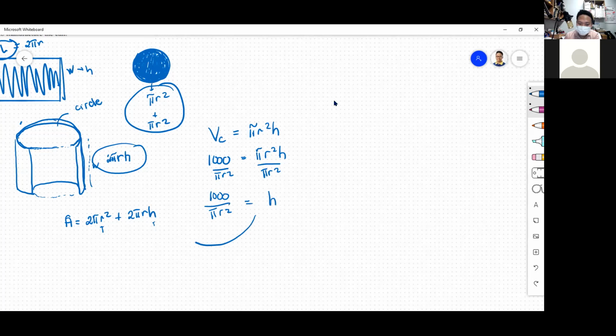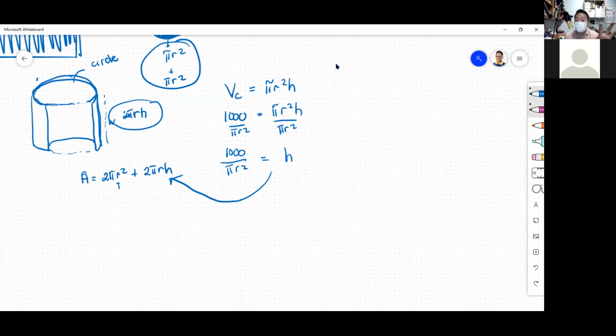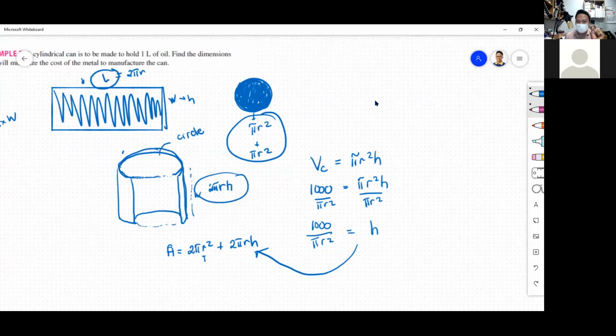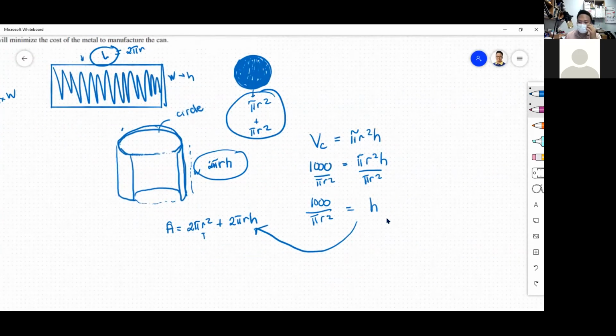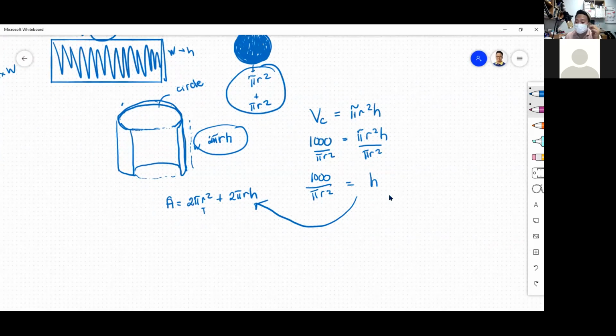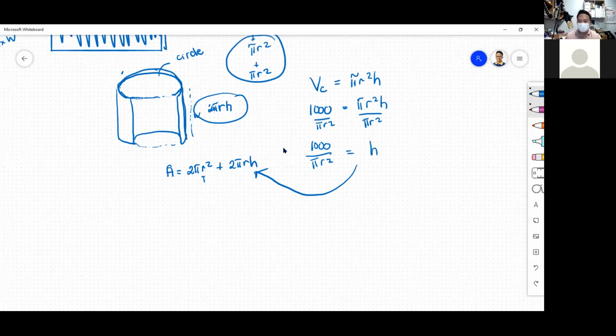So this would become h equals 1,000 over pi r squared. We can now substitute that h para sa surface area nga i-optimize, katong gingon ni Josh ganiha. So, ang atong buhaton is ilisan na nato ang h sa kanang formula, and that becomes A equals 2 pi r squared plus 2 pi r times 1,000 over pi r squared.